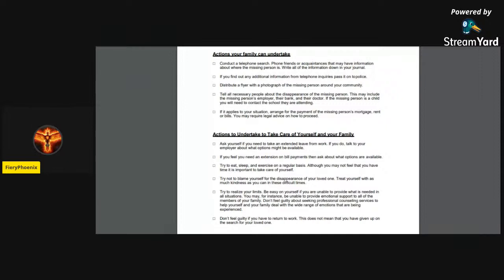If it is a child, you will need to contact the school they are attending. Oh, yeah. And if it applies to your situation, arrange for the payment of the missing person's mortgage, rent, or bills.